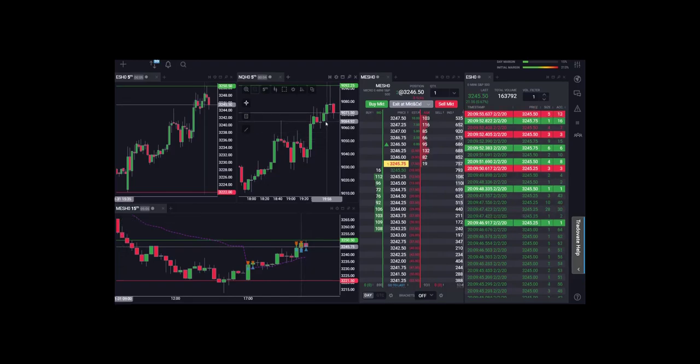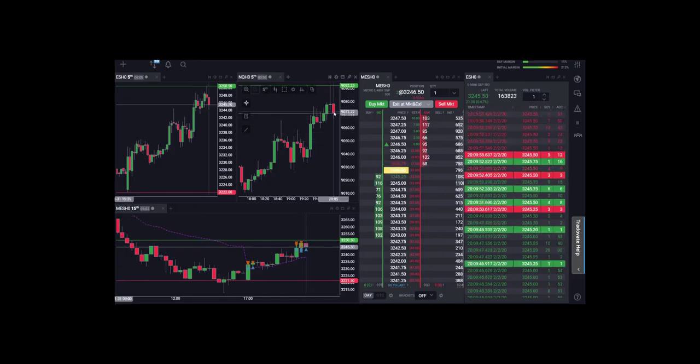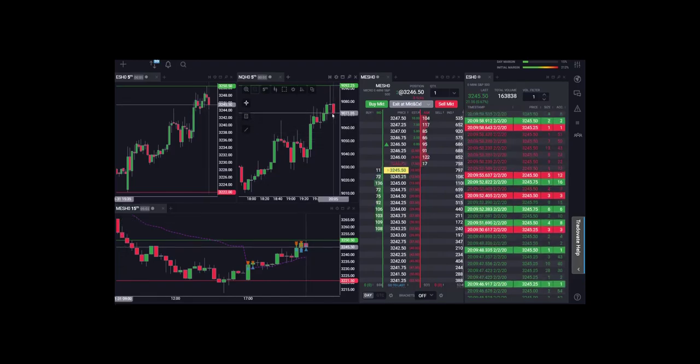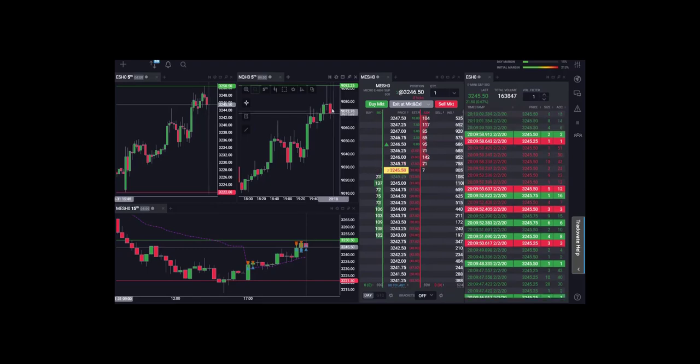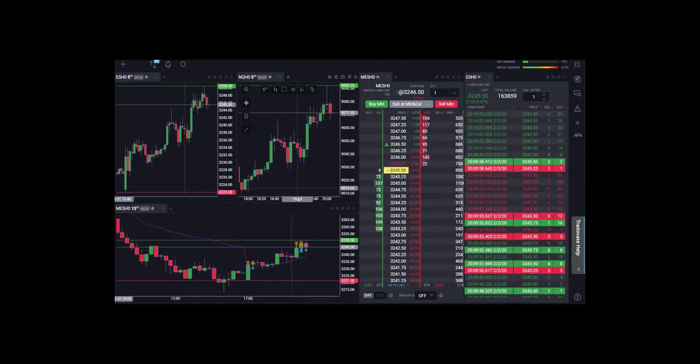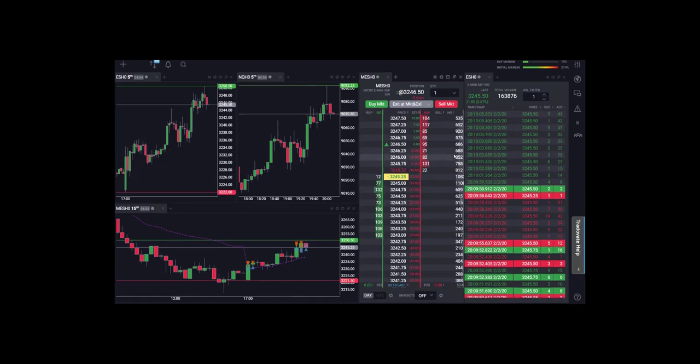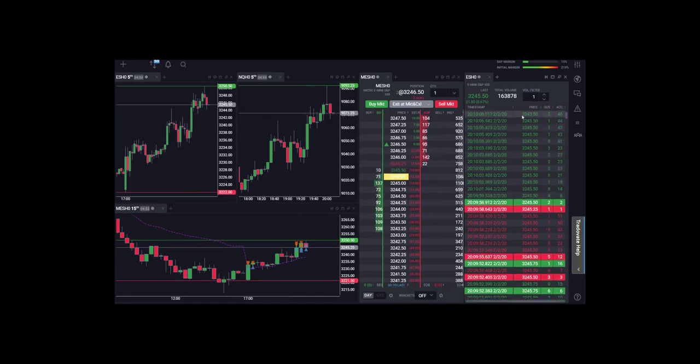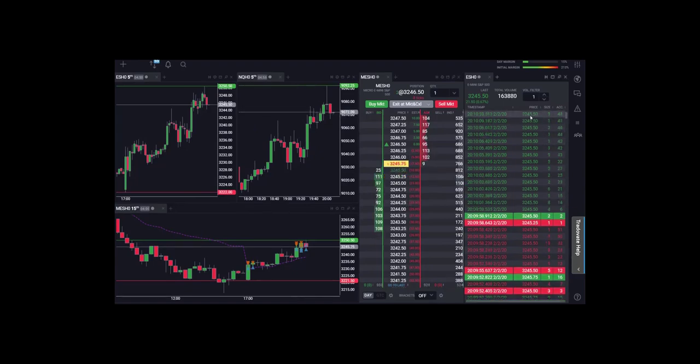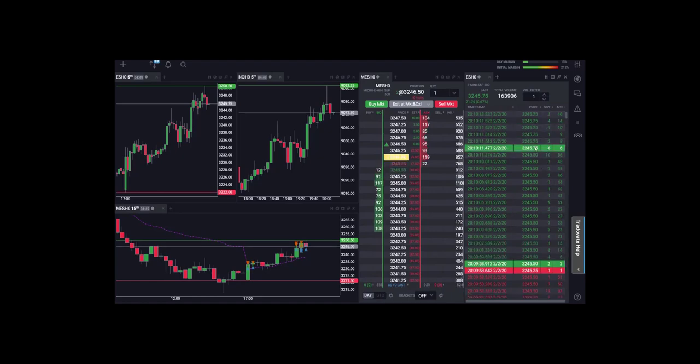But we do seem to be trying to hold the line. You can see the NASDAQ is really struggling to hold that 70 range. And we're eating through a lot of contracts here at the 45.5. You can see we just ticked up to 45.75.